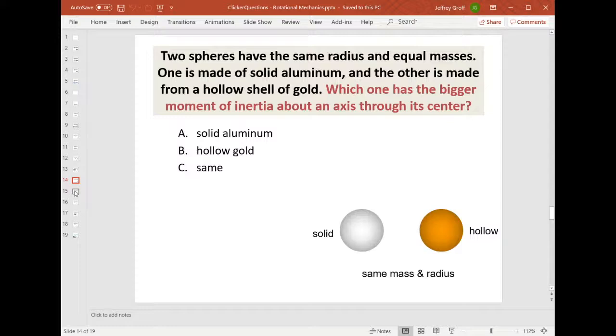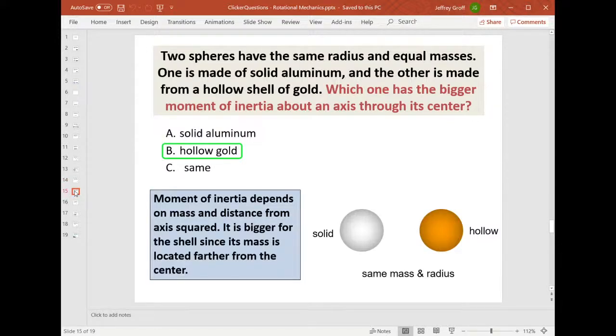All right, you ready for the reveal? Here we go. Which one has a bigger moment of inertia? It would be the hollow gold sphere. What's going on here? So remember, rotational inertia depends on how much mass you have, but also how far away that mass is from the axis of rotation.